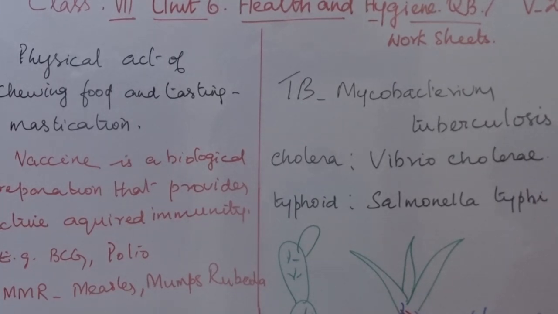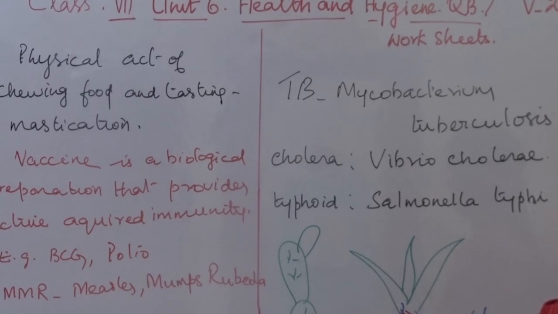Vaccine is a biological preparation that provides active acquired immunity. I repeat, vaccine is a biological preparation that provides active acquired immunity. Active acquired immunity is immunity which is acquired after birth through the vaccine.